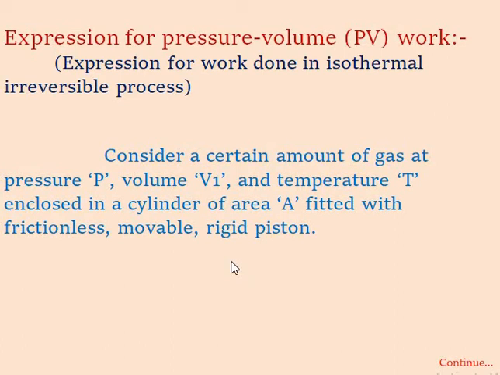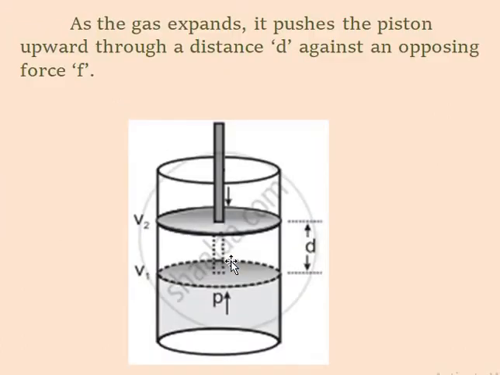This consideration is shown in this figure. As the gas expands, it pushes the piston upward through a distance d against the opposing force F. This is the force, and this piston is present at the volume V1.